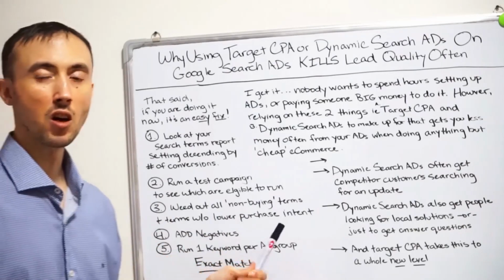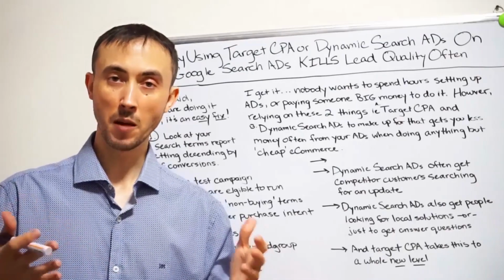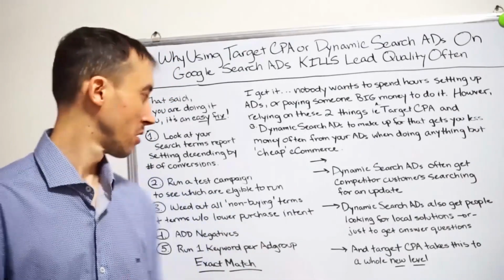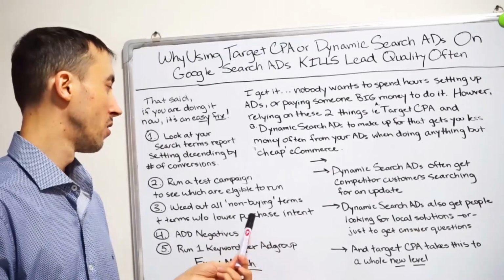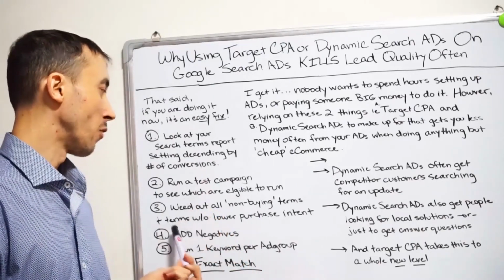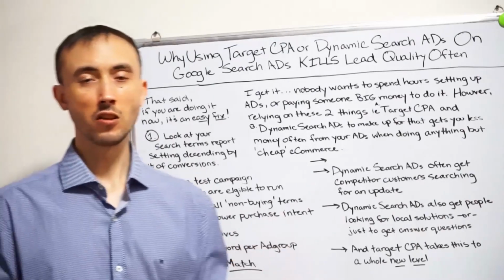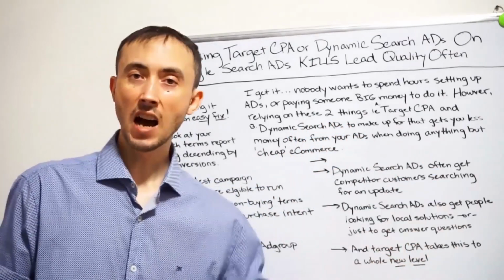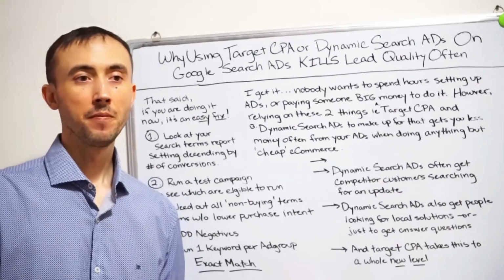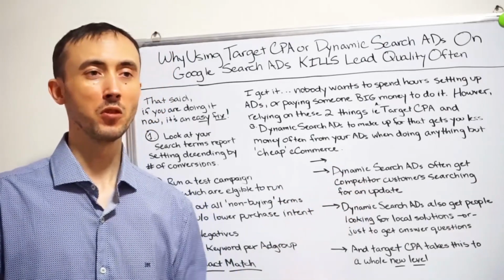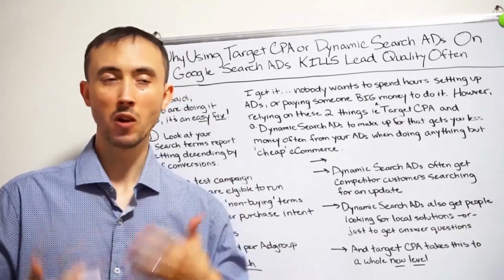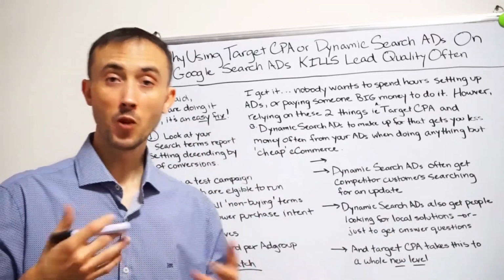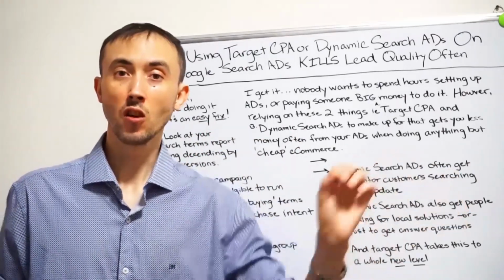So I'd do the buying terms, and then you can actually go after some other terms other than those buying terms I mentioned, but stick with the lower funnel, or remove the ones with lower purchase intent. Just anybody looking for information about what you do, weed all that out.